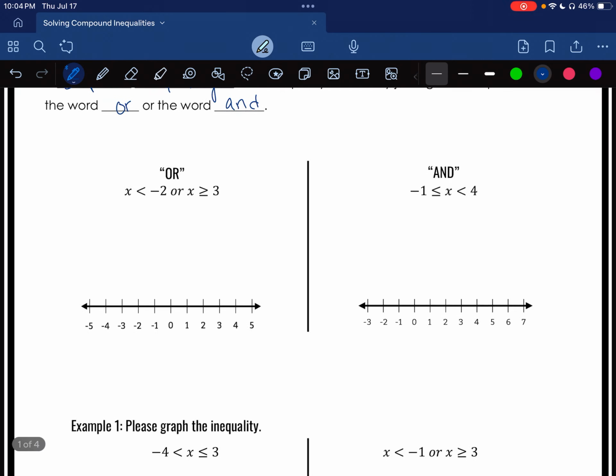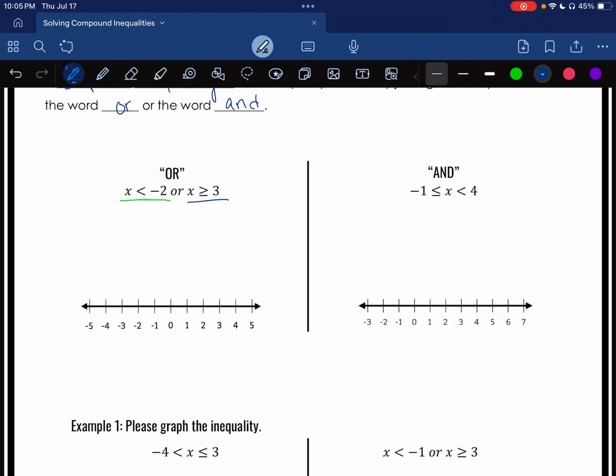On the left-hand side, we've got the or side. So an or inequality literally has the word or in it. So you'll have two different statements here. X is less than -2, or you'll have X is greater than or equal to 3.